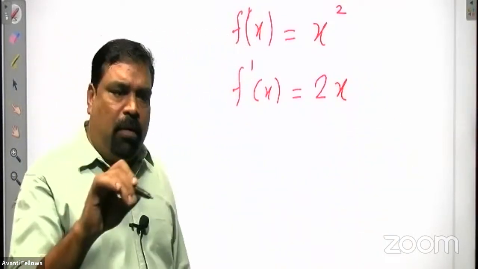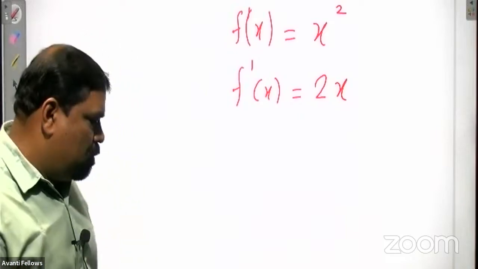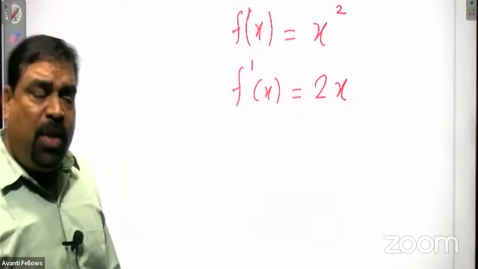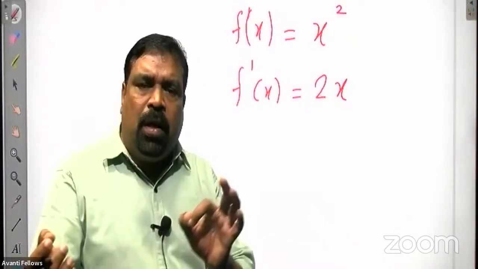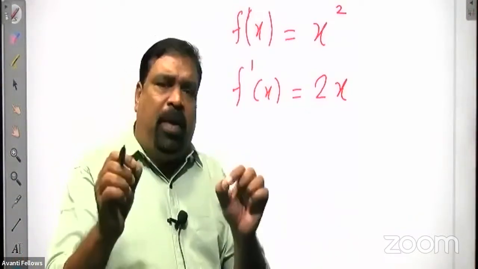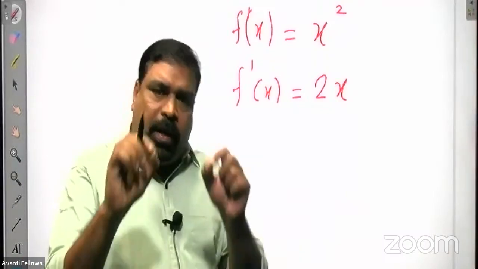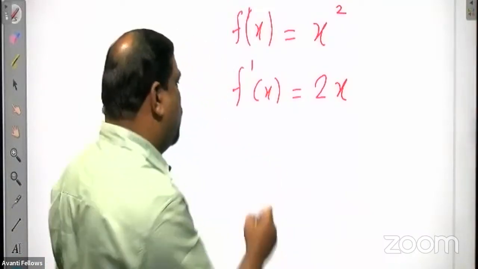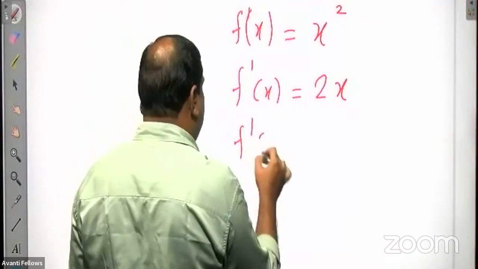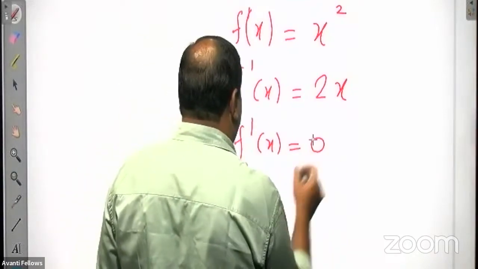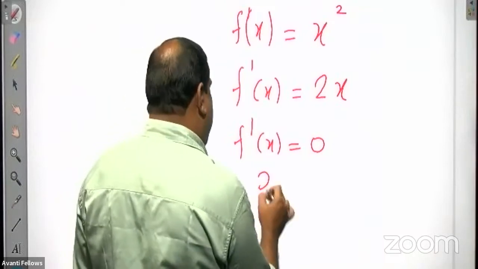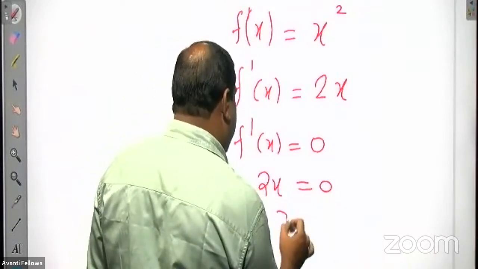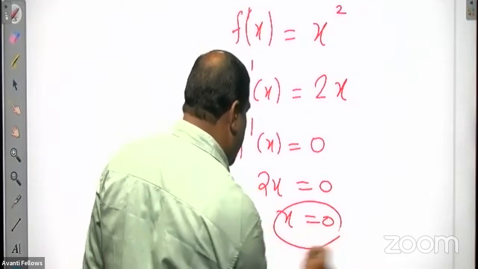Now we will see where the derivative becomes zero. If there is an increasing and decreasing nature, then definitely there must be a turning point. At that turning point, the derivative must be zero. So if I equate f dash x equals zero, 2x equals 0, and we get x equal to 0.